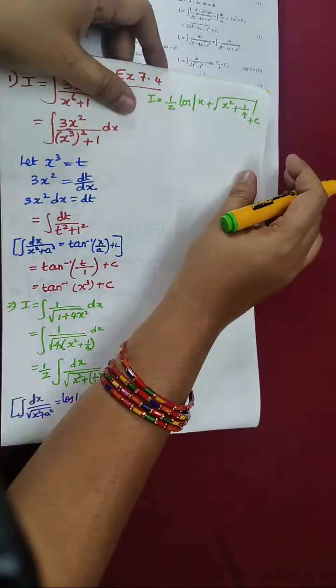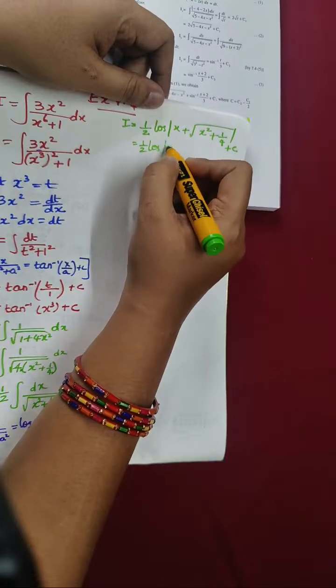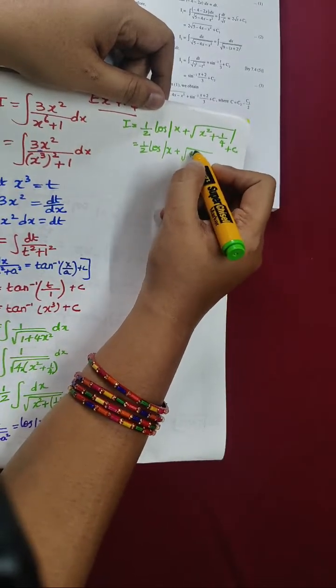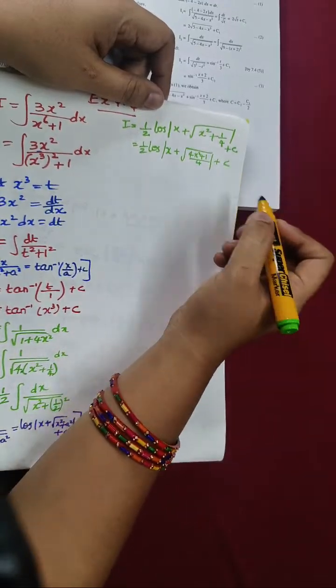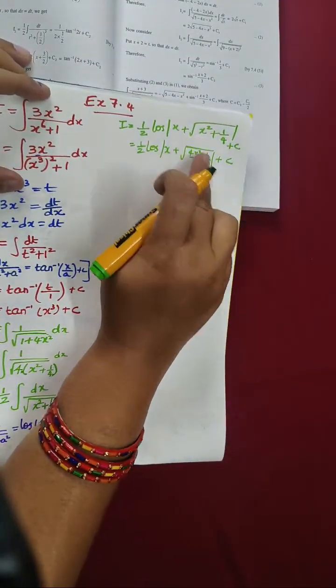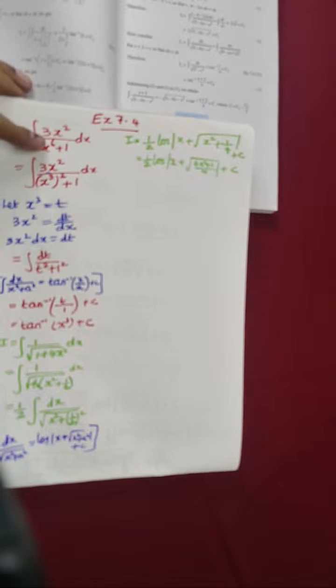Either you can leave it like this or you can take the LCM. So 1 by 2 log x plus root of x square plus 1 by 4 plus c. Either you take the LCM or not, you can leave it in the previous step also. Is it clear? Can we move on to the next question?